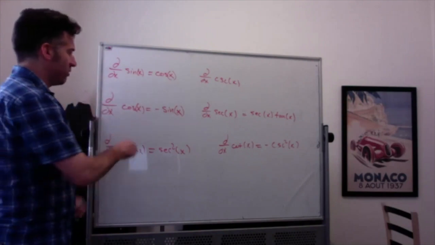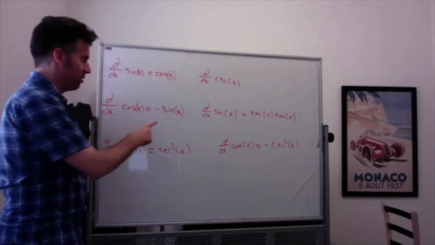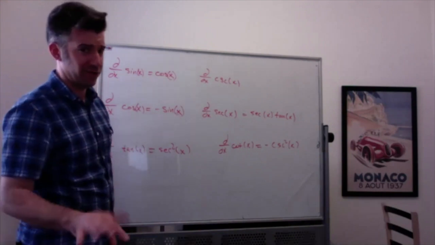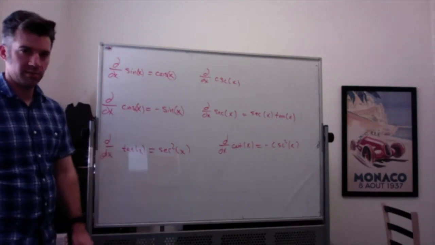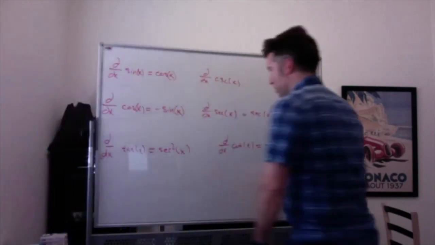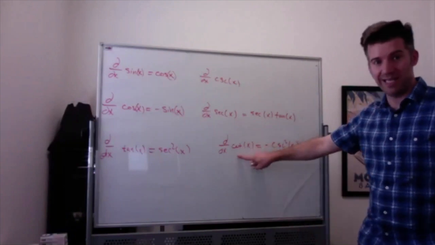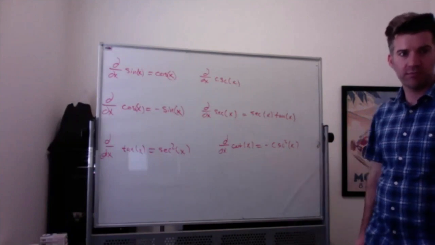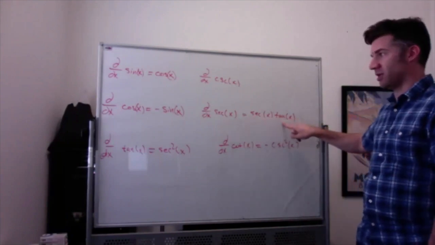So the derivative of cosine is sine, but it's negative. The next ones are better, trust me. The derivative of tangent is secant squared. Slap a co on all of it. The derivative of cotangent is cosecant squared with a negative. Derivative of secant is secant times tangent.